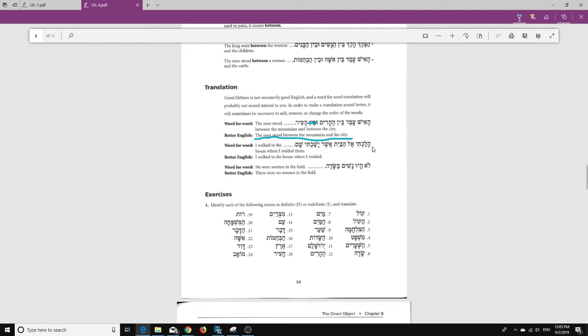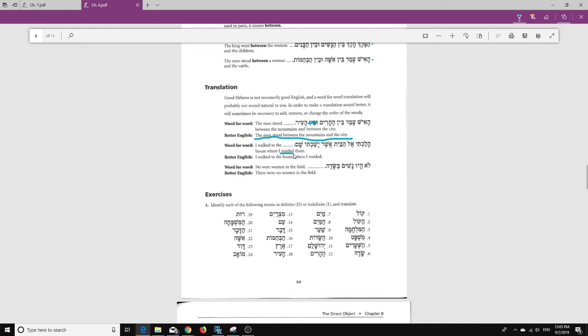Let's go through some more examples though, and then we'll call it the end. So, halakti el habayit asher yashavti sham. So this is I walked to the house which, or where, probably might be better, where I, let's say where I dwelt, I guess because it's going to be perfect here, where I dwelt there.